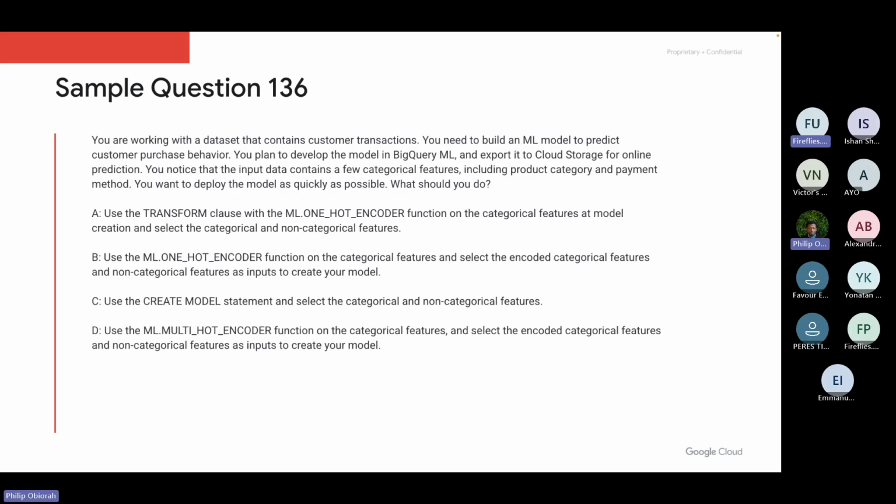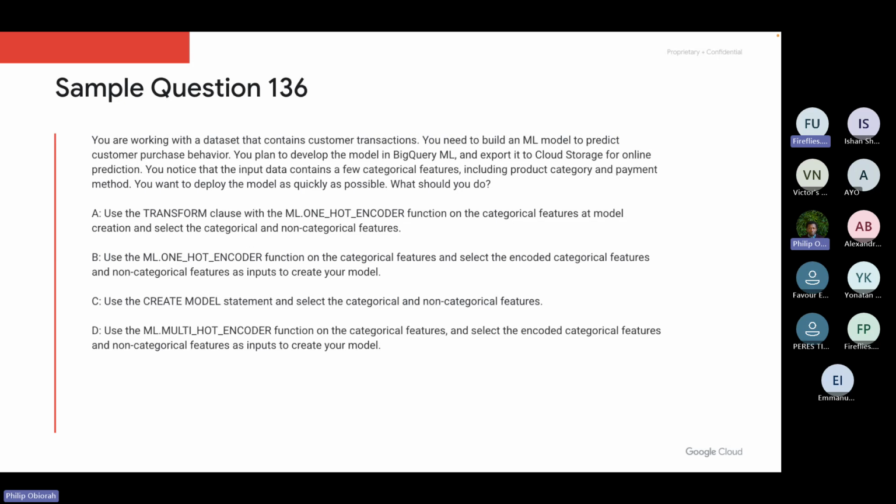Now let's look at option C. Why is it not C? BigQuery ML can automatically handle categorical features if you just select them.